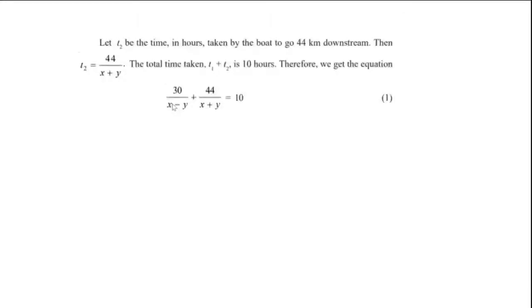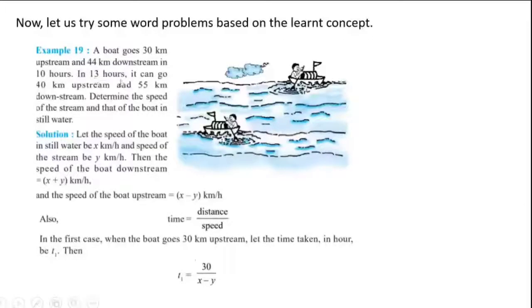It is also given to me that in 13 hours it can go 40 kilometers upstream and 55 kilometers downstream. So to go 40 kilometers upstream, time taken will be 40 upon x minus y. Exactly the same way, to go 55 kilometers downstream at the speed of x plus y kilometers per hour, time taken will be 55 upon x plus y.